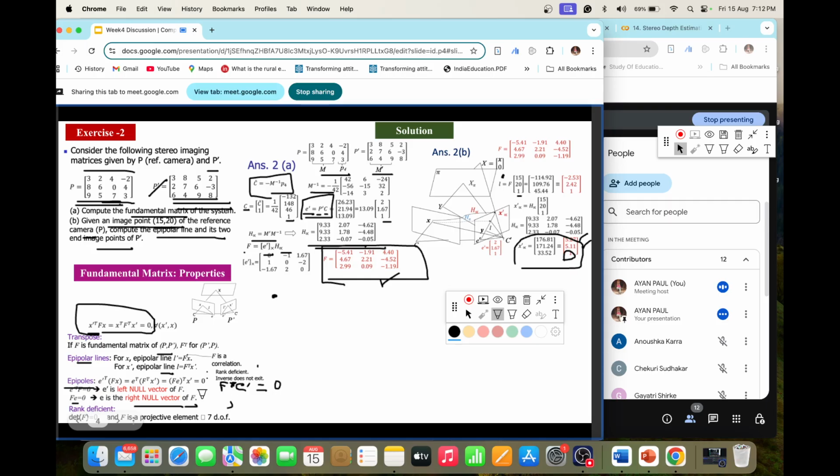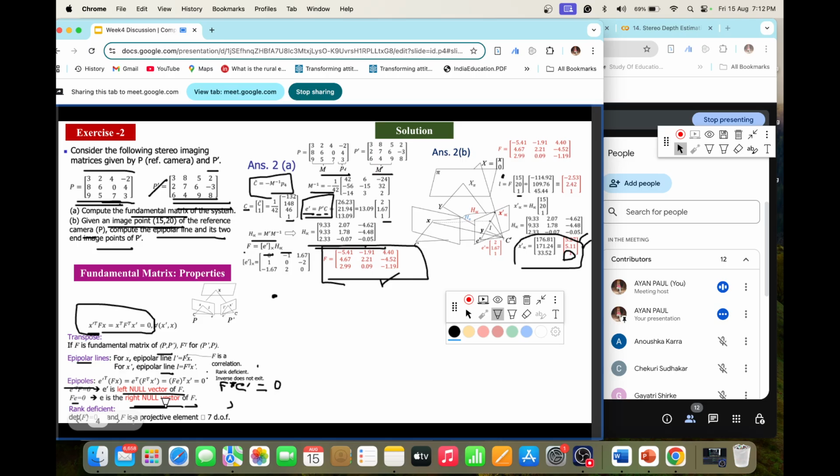So e dash is also known as the left null vector of F, and e is the left epipole, also known as the right null vector of F.